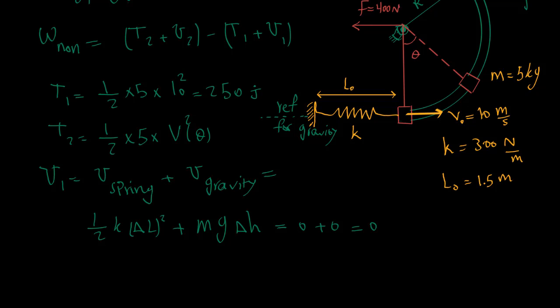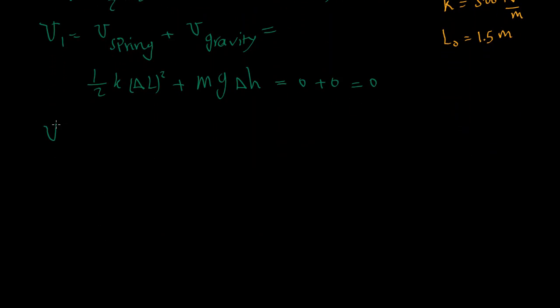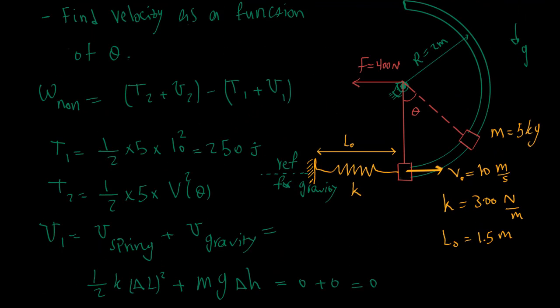What is U2 here? So if we go ahead and say that U2 again has a spring component plus gravity component. So here we have to calculate the length of the spring here when the slider is at position theta here.